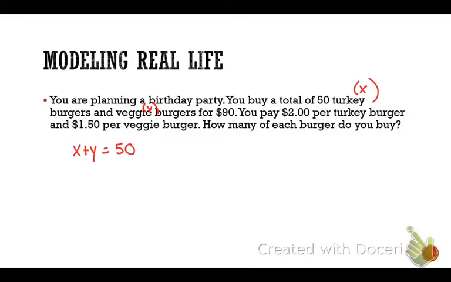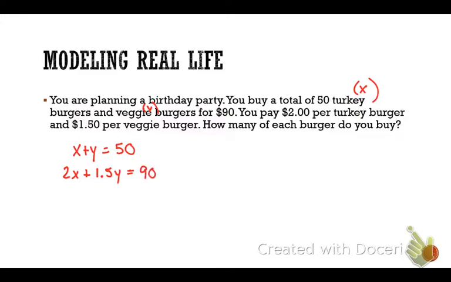Then I also know how much each turkey burger was. How much was each turkey burger? $2. So 2X plus how much was each veggie burger? 1.5Y equals how much money did they spend? 90.